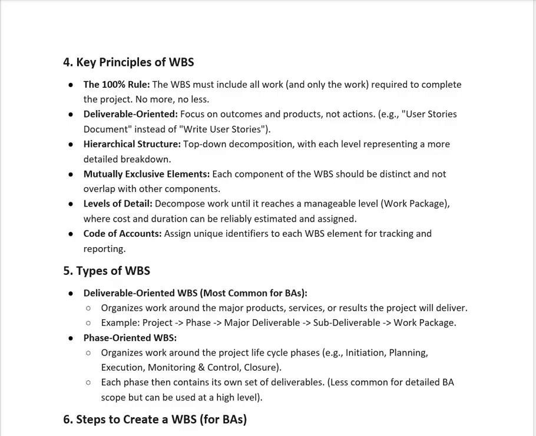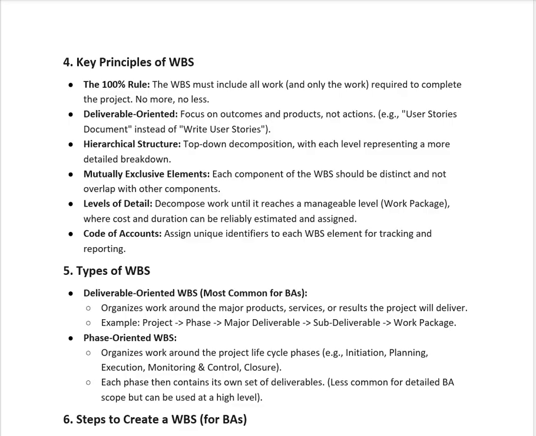That is the deliverable oriented work breakdown structure. And then the phase oriented work breakdown structure organizes work around the project life cycle phases like initiation, planning, execution, monitoring, and closure. So each requirement goes into a phase, and how much duration, time, or budget that phase requires to complete that requirement, feature, or function, we track in the phase oriented work breakdown structure.